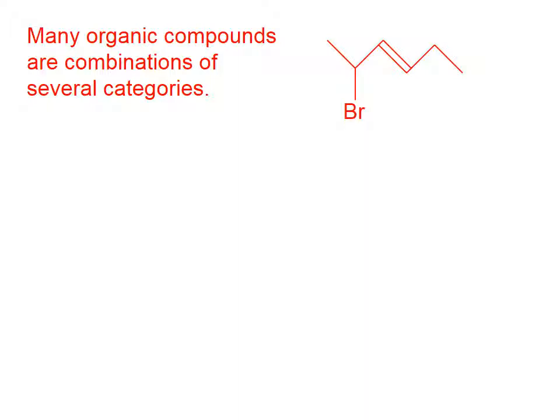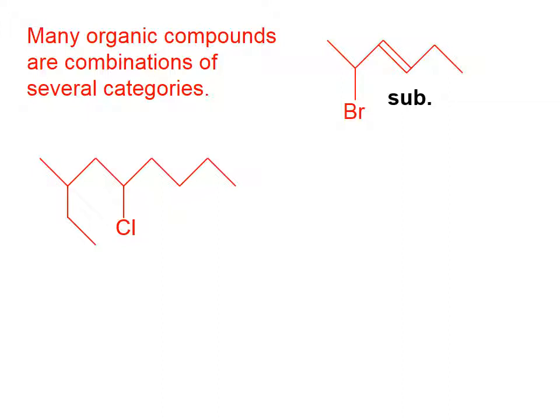For example, this compound here, for one thing, it's an alkene because it has a double bond, but it's also a substituted hydrocarbon because we've substituted a bromine in place of a hydrogen. I'm going to abbreviate that sub instead of just saying substituted because I don't want to write out the word substituted.